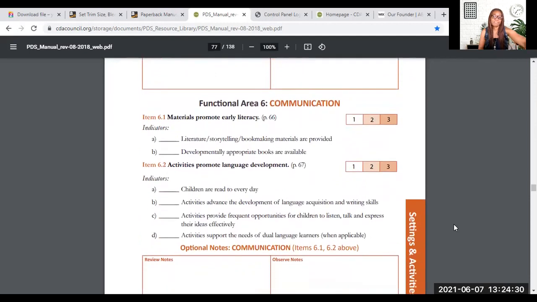Communication, I mentioned through storytelling. So when you're reading a book, you don't want to read in a flat voice, because children don't respond to that, as you guys probably already know. But when we're observing you reading to a child, you want to give more animation, because that's how boys and girls learn.